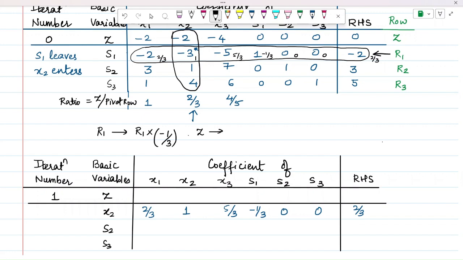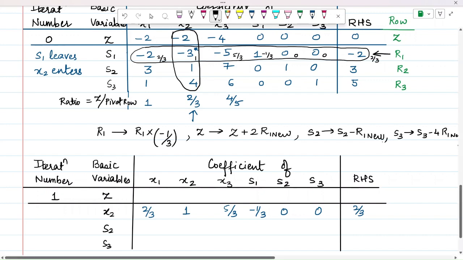So Z row gets converted to Z row plus 2 times R1 new. Same way S2 row gets converted to S2 minus R1 new. We are supposed to use always the new entries here, means R1 new. And S3 row gets converted to S3 minus 4 times R1 new. I hope this is clear.